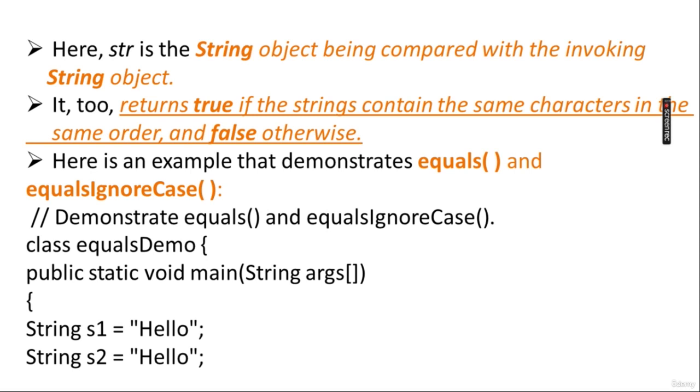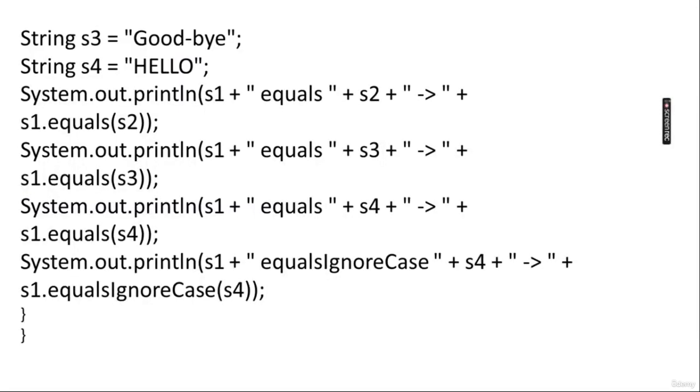Then we demonstrate equals and equalsIgnoreCase. We will see String s1 is Hello, String s2 is Hello, String s3 is Goodbye, String s4 is HELLO. So s1 equals s2, an exact match, it will give you true. Then s1 equals s3, it is not an exact match, it will give you false. s1 equals s4, it is not an exact match, it will give you false.